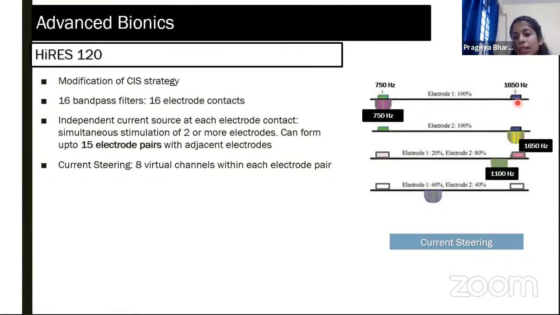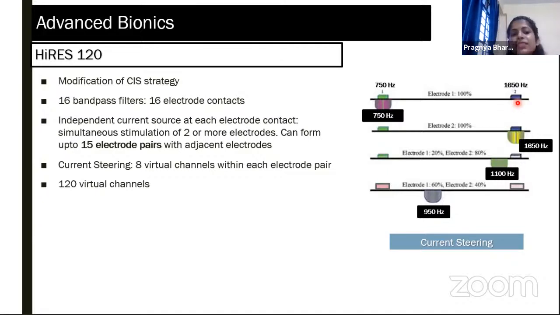But if we divide the current and send 80% to the second electrode and 20% to the first, it will result in an intermediate pitch closer to the second electrode, about 1100 hertz. Similarly, if 60% of the current goes to the first electrode and 40% to the second, it will result in an intermediate pitch closer to the first electrode, around 950 hertz.